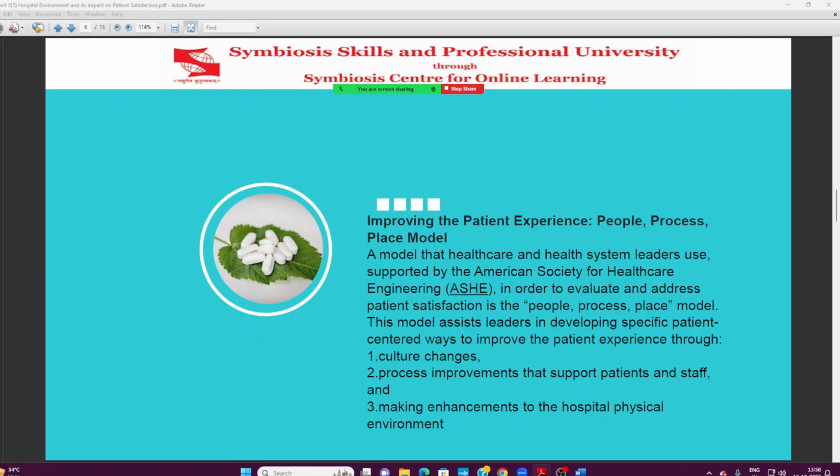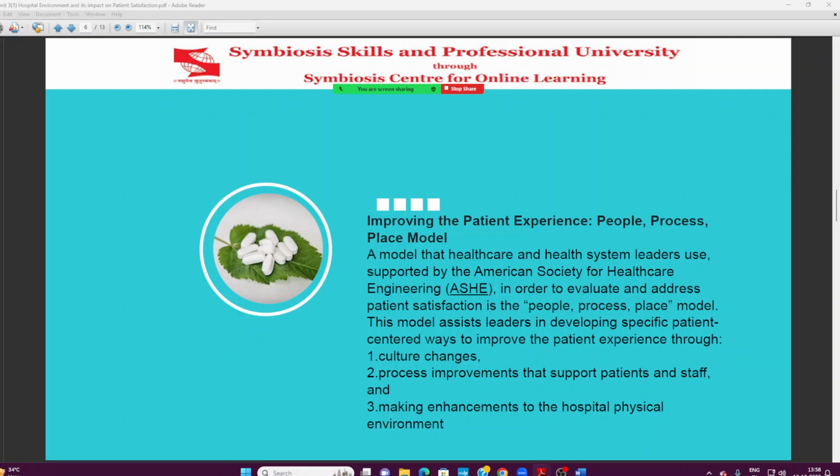See, many a time the hospital needs certain cultural change. If you go to Lilavati Hospital, the moment you enter, you will find a statue of Lord Ganesh right in the beginning. So it's part of the culture of the hospital that people greet or pray in front of Lord Ganesha and then enter.